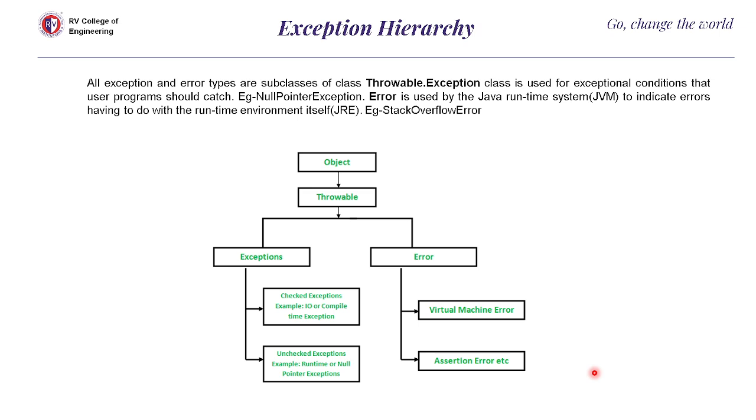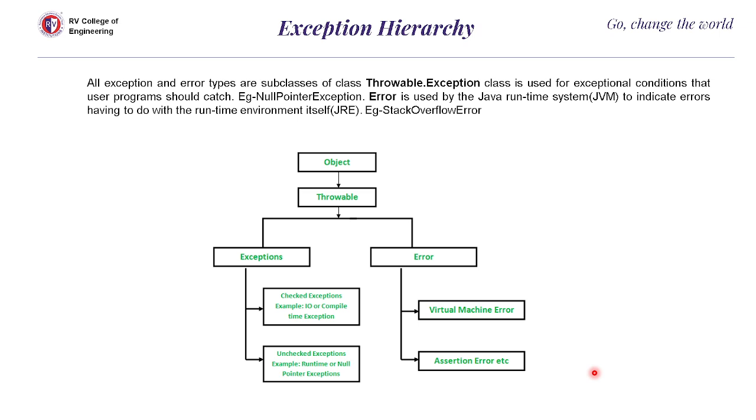So in Java, Object is the base class. Then we have a subclass called Throwable under Object. Under Throwable, we have 2 classes, Exception and Error. What do you mean by exception? That is a runtime error. There are 2 types: checked exception and unchecked exception.